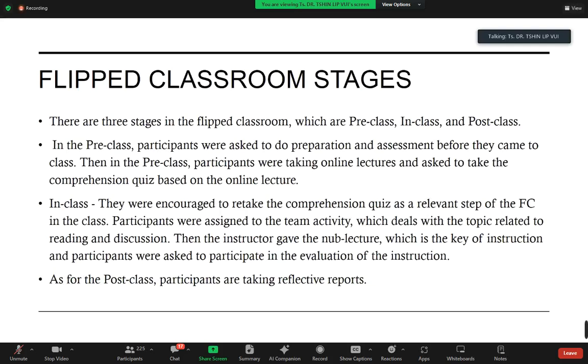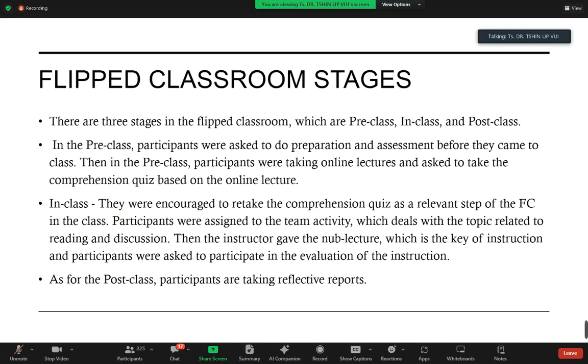So in the class, the lecturer will give some quizzes and activities according to what they have learned pre-class. For example, maybe the lecturer will ask some questions about the topics and give a Kahoot activity, a quiz, and also some games.